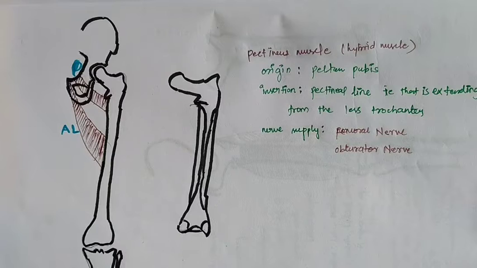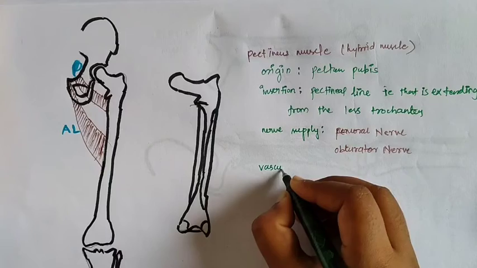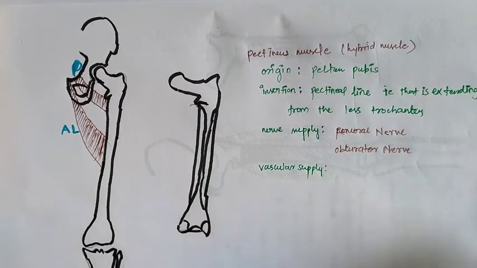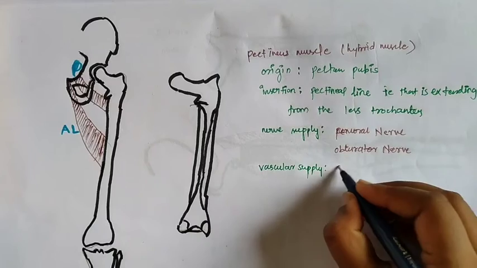And the vascular supply is by the obturator artery. Vascular supply: obturator artery.